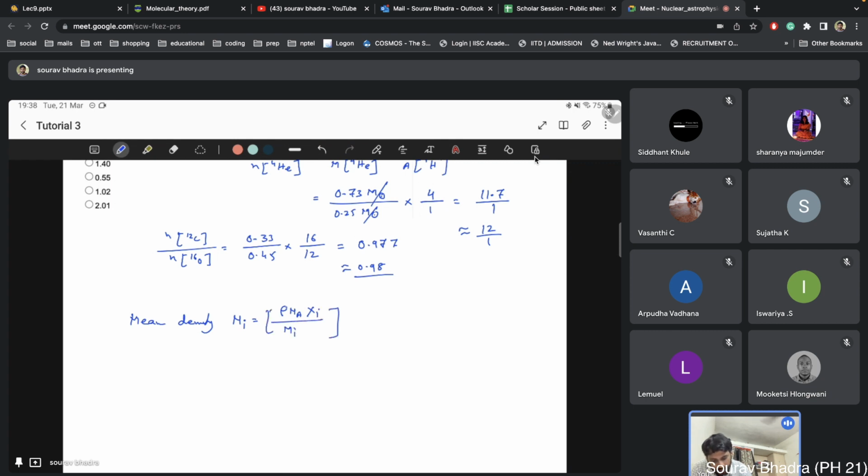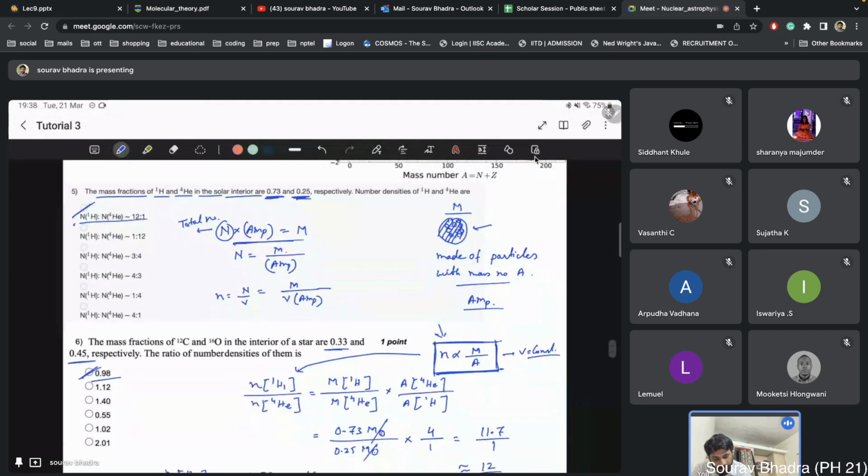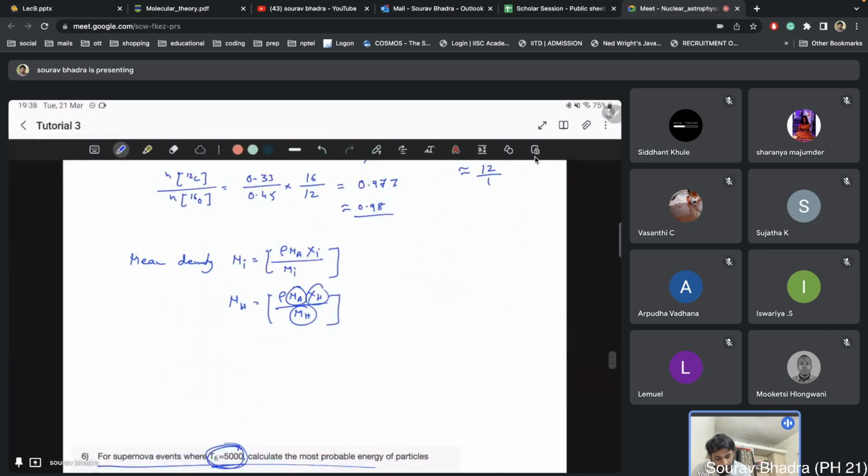For hydrogen it will be rho Na x of hydrogen divided by m of hydrogen. The x of hydrogen is given here, 0.73. You know the Avogadro number, and if you divide by n of He, then rho will cancel out, so there will be no role of rho.